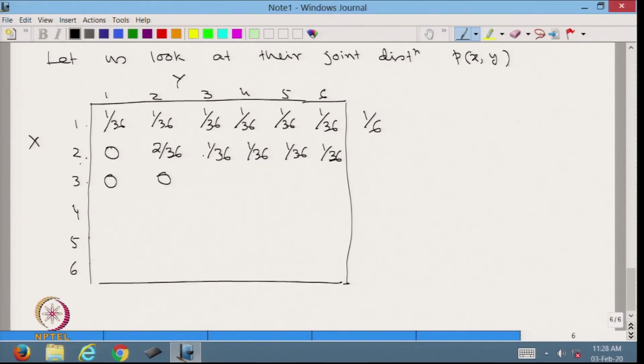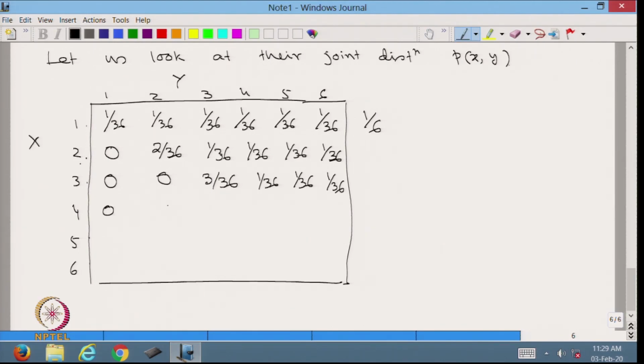In all these cases, the maximum will be 3. Therefore, this is 3 by 36. Y can be 4 if X is equal to 3 and X1 is 4. Therefore, this is 1 by 36, and similarly 1 by 36.